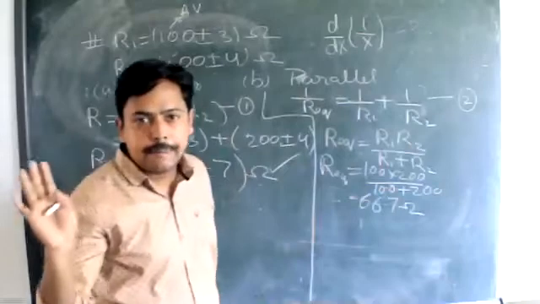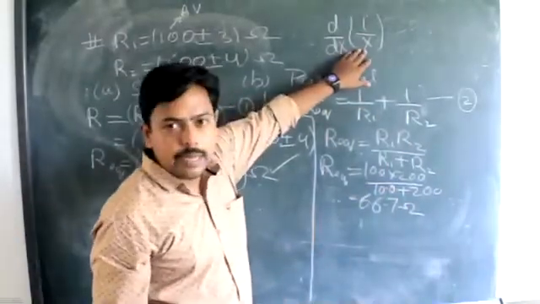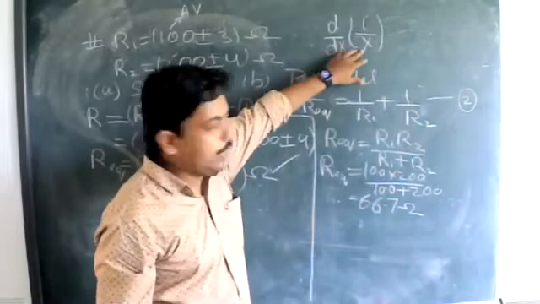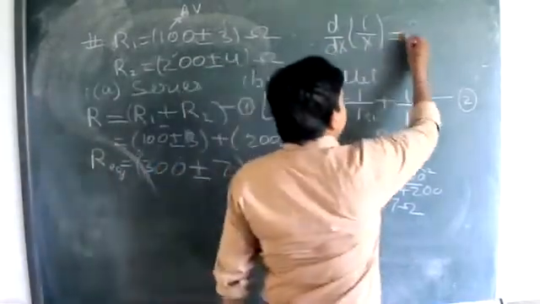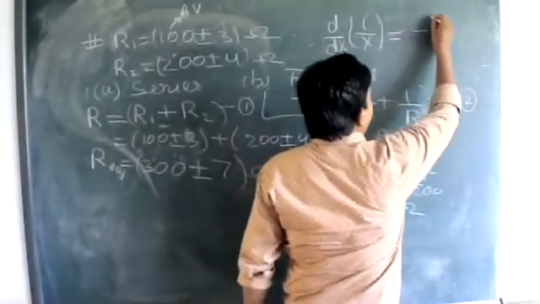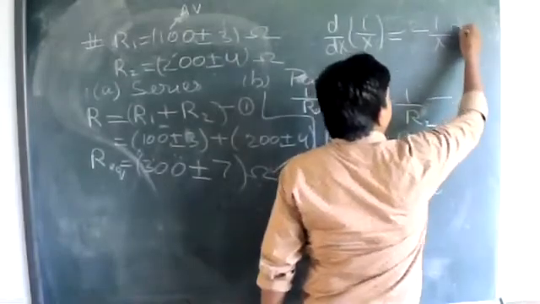Is it clear till here? If I have any such quantity and I want to differentiate it with respect to that quantity, this comes out to be minus 1 upon x squared into dx.